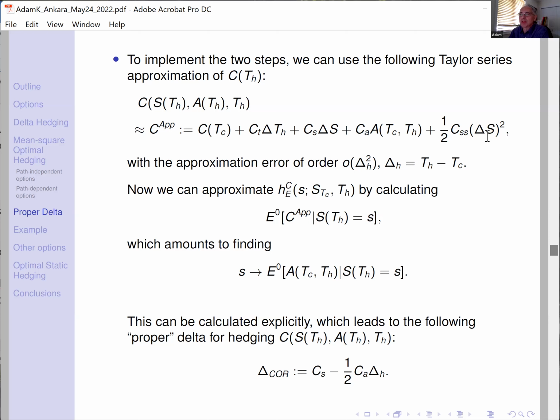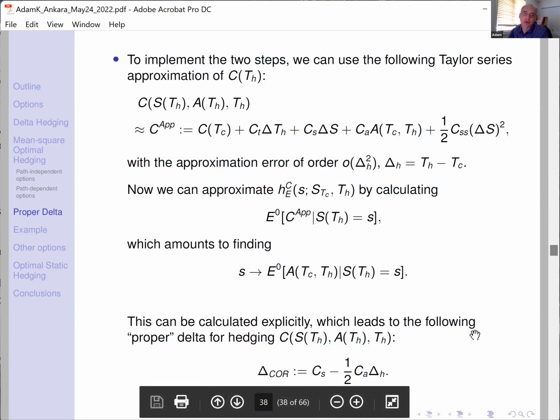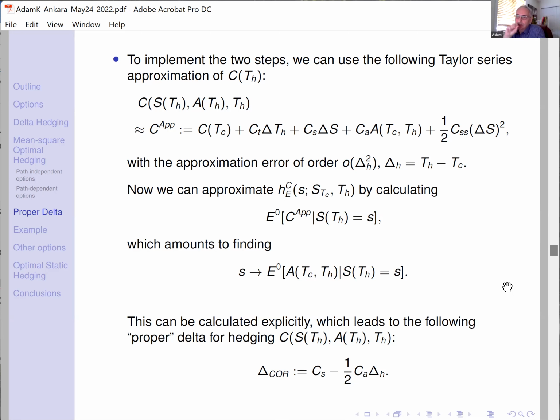So for components that depend only on the underlying, this is easy. The main challenge is calculating the conditional expectation for the path dependent component. But we already did this for the arithmetic average. So we know delta for this one. If I substitute the new delta for the average, I have a formula for the corrected delta. And there is an additional interpretation here.